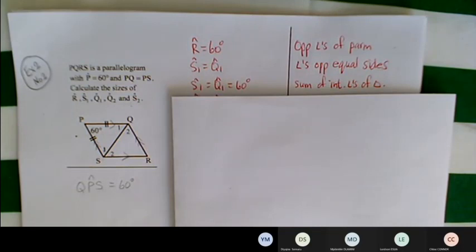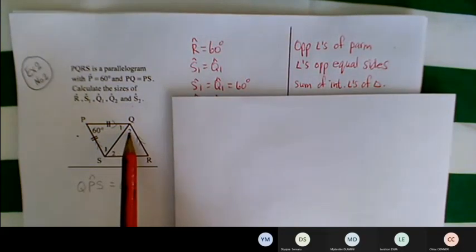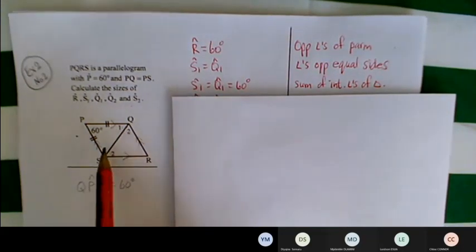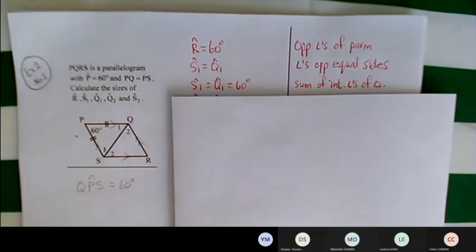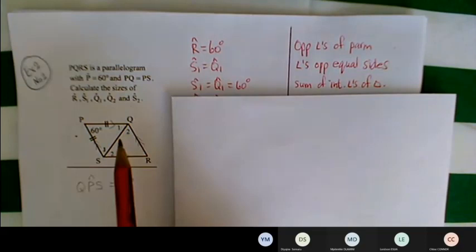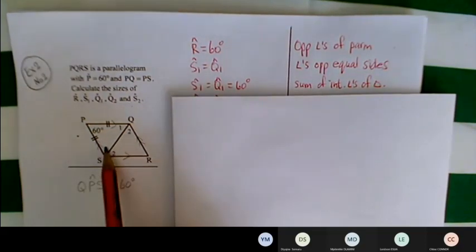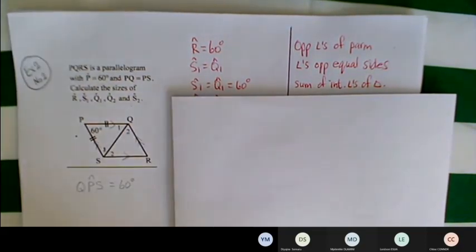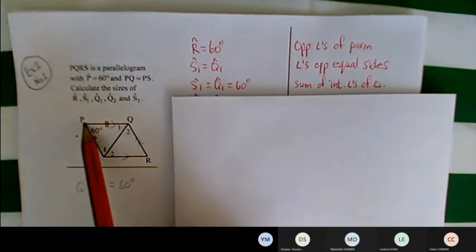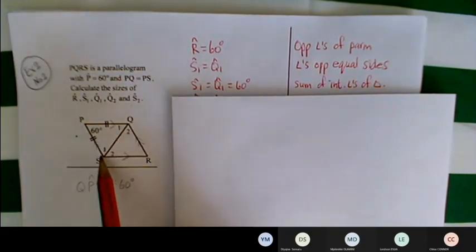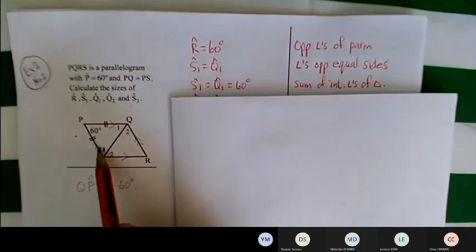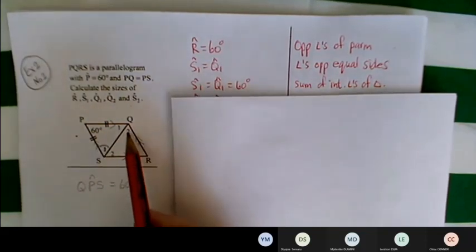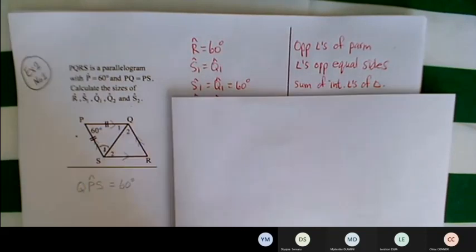Let's look at Q2 next. Q2 is equal to S1. What reason can I use there? Anybody? So don't forget what the entire shape is. The entire shape is a parallelogram.